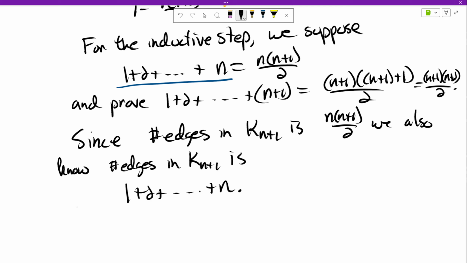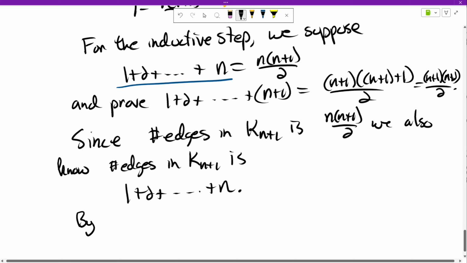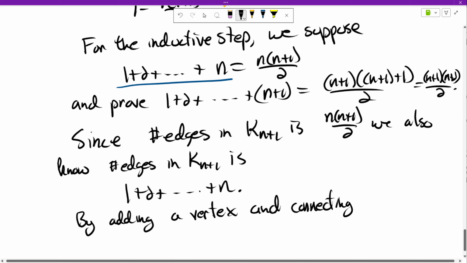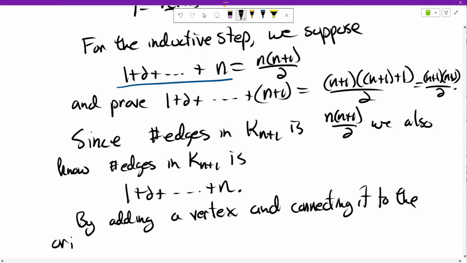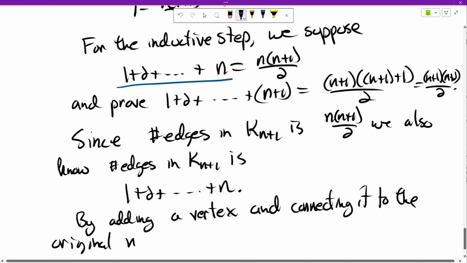Okay, so by adding a vertex and connecting it to the original n plus 1 vertices, what do we get?